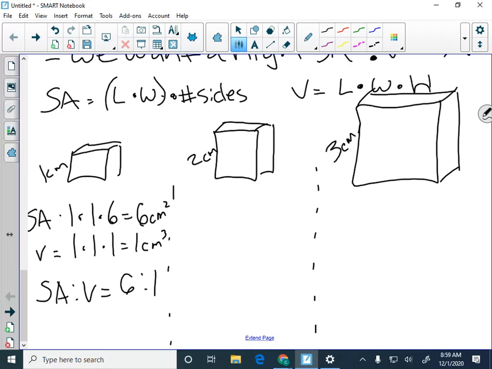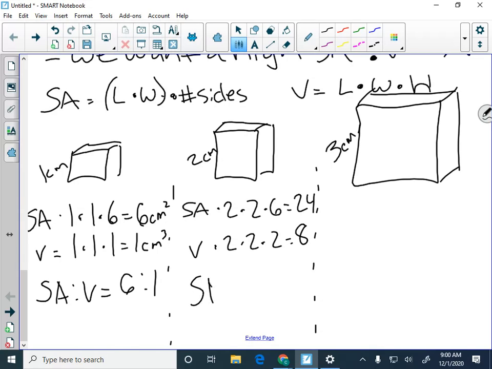That makes sense? I'll do it again with the next one. So, our next cube, our surface area is 2 times 2 times 6, 24. Our volume is 2 times 2 times 2, which is 8.